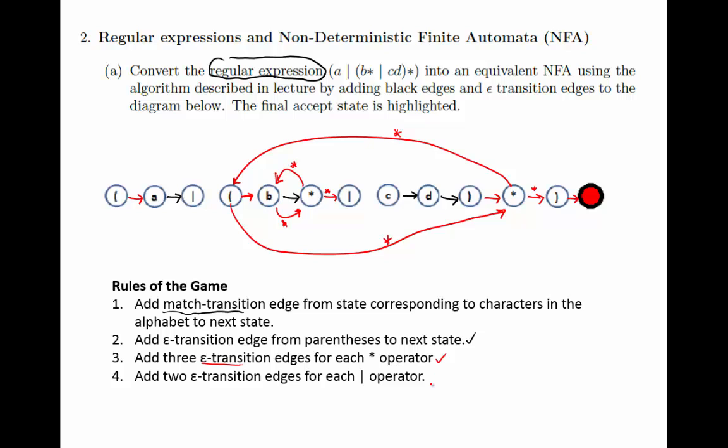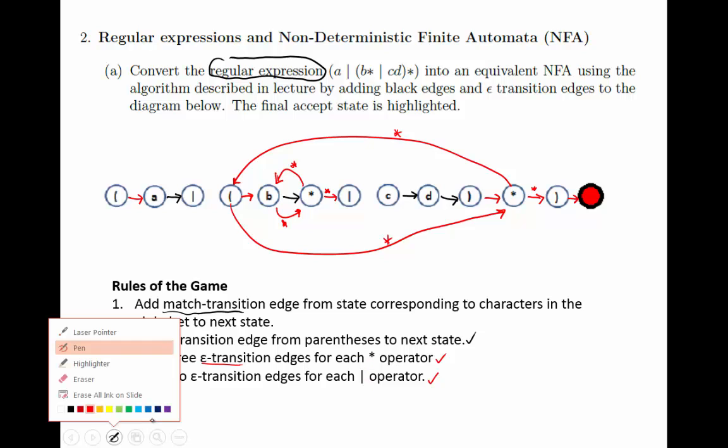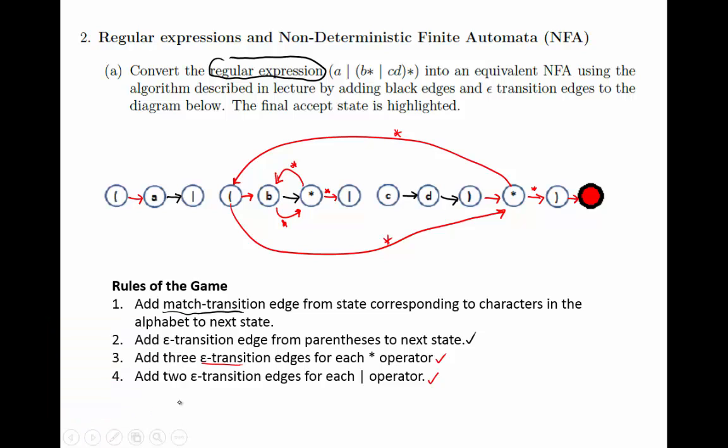And then finally, we want to do epsilon transitions for the O operator. For that, I'm going to use a different color just to make things a little bit more clear. So one of them is that if you're here, if you do not use this, you will jump here, and this is an epsilon transition corresponding to the O operator.